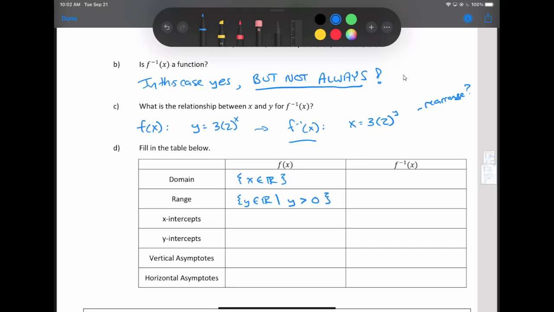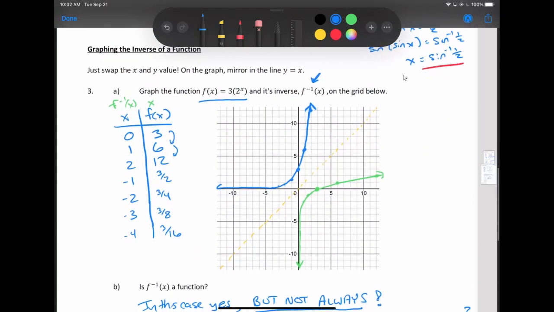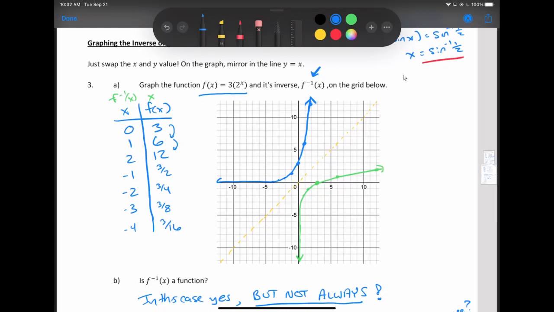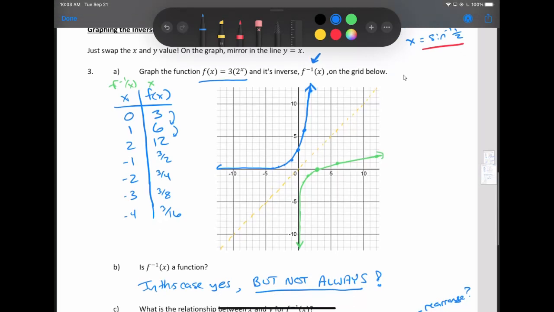Going back up to the picture for a second, we can see that for our original function in blue, y is never equal to 0. It's never negative. So that's it. Well, what about the picture of our green function, the inverse? To me, that looks like x has to be greater than 0, and y is going to end up being able to be anything.